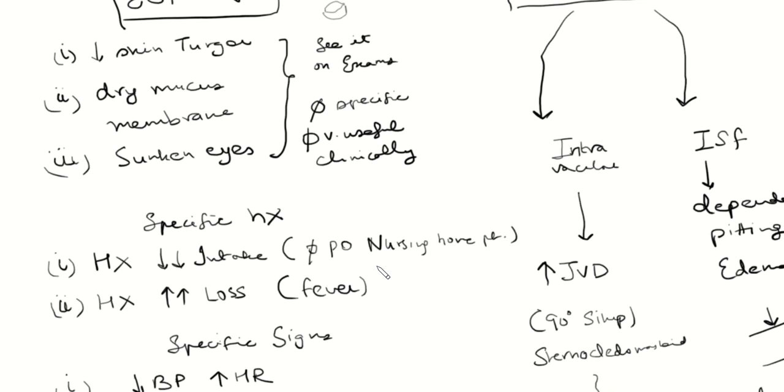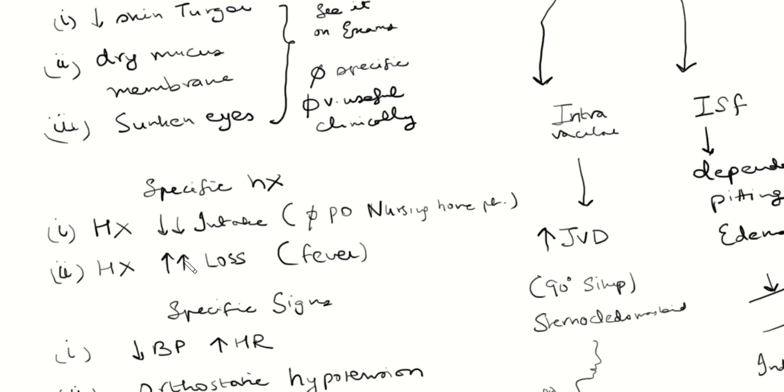So in real life, what shores up the diagnosis is actually some specific history. So history of low intake, so nursing home patient not eating, or history of increased loss, like fever. What happens with fever? Patient becomes metabolically more active and they start to have more loss through the skin.